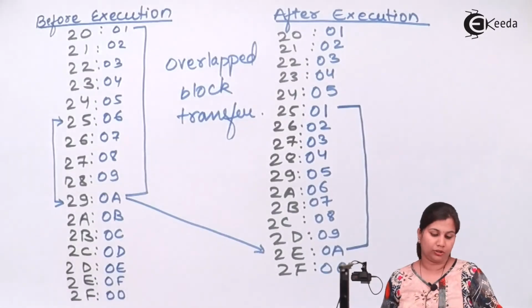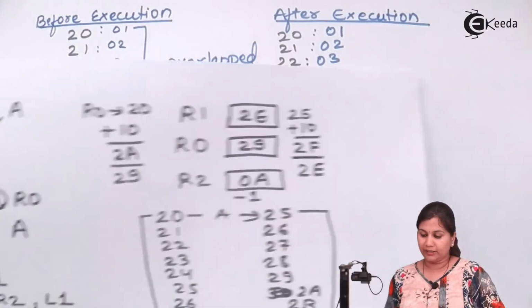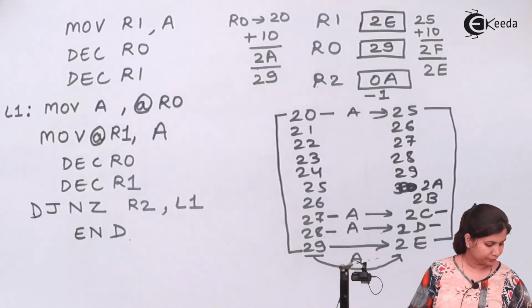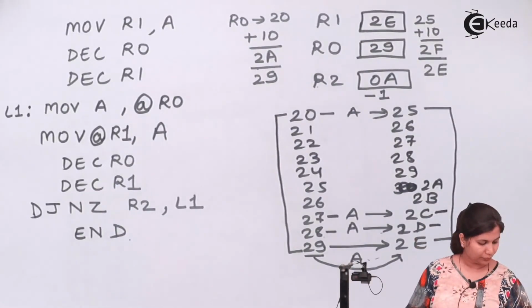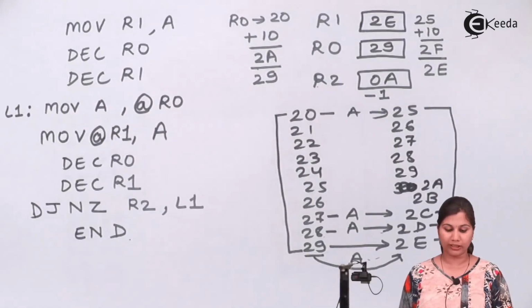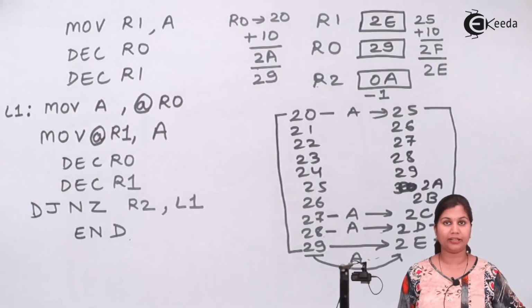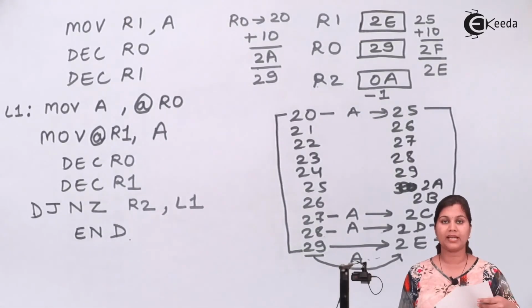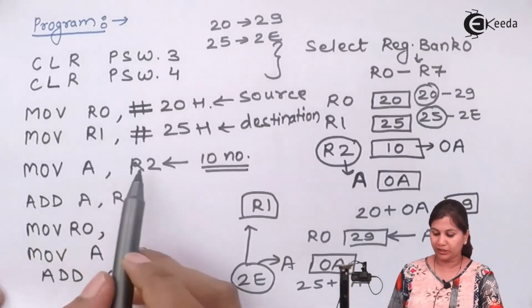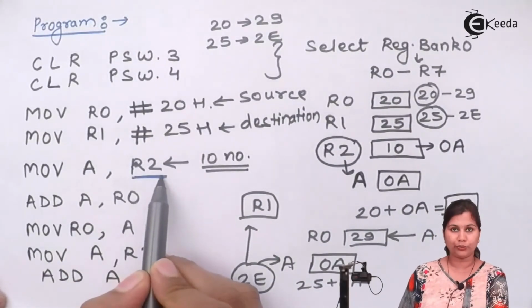Okay, so let us again see how we have done this. Our first step is to initialize our count, that is, how many numbers are there in the block of n bytes, whether there are 10 numbers, 20 numbers. That is to be initialized, given in the R2 register.